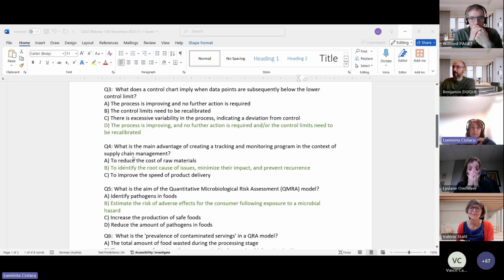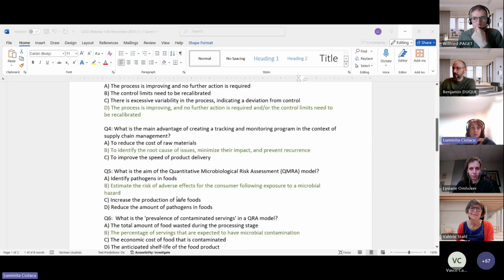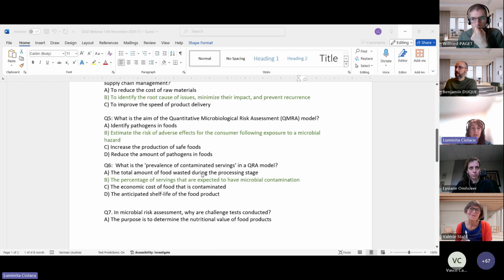Question 4, what is the main advantage of creating a tracking and monitoring program? And here the correct answer is to identify the root cause of illness, minimize their impact, and prevent recurrence. Next question, what is the aim of the quantitative microbial risk assessment model? Here you needed to say that it estimates the risk of adverse effects for the consumer following exposure to a microbial hazard.